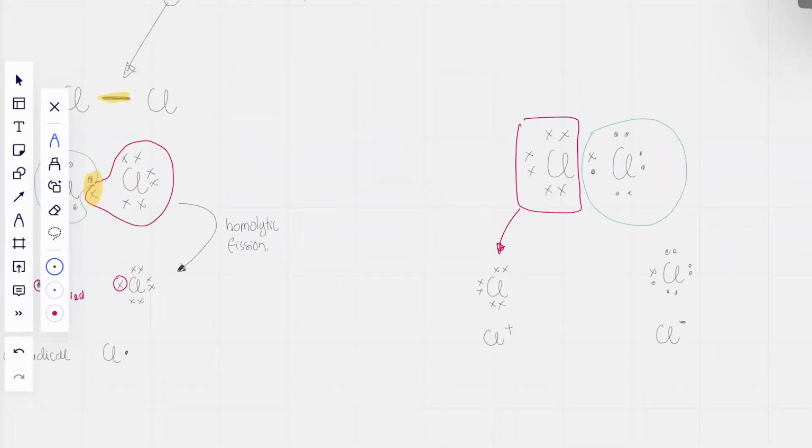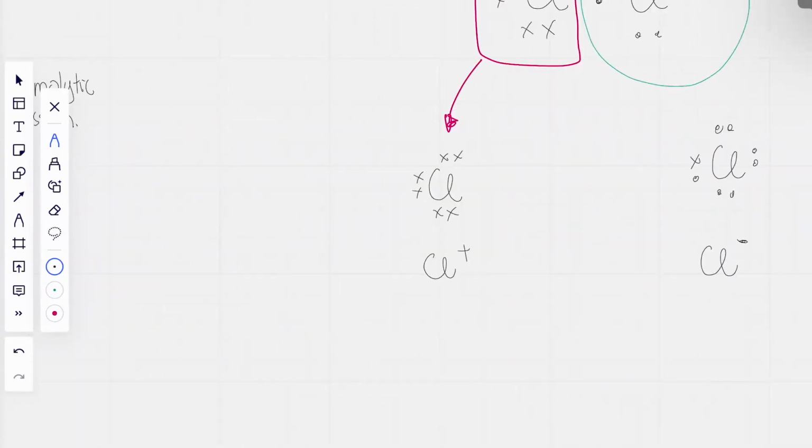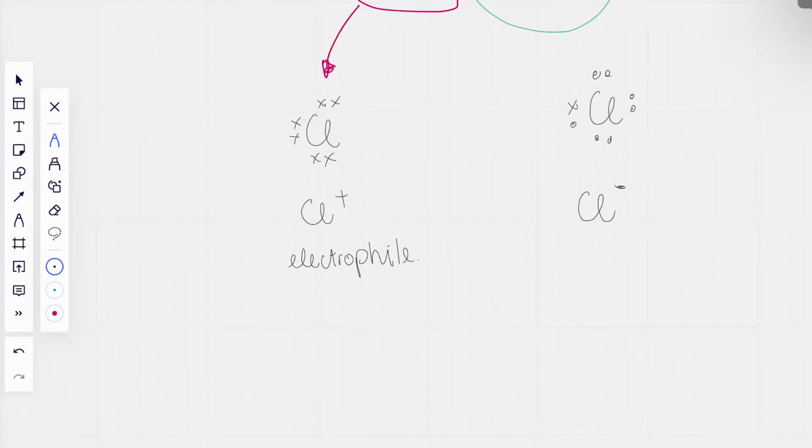Okay. This Cl plus is a nucleophile or electrophile? Nucleophile. Oh, electrophile. Oh. Why we call it electrophile? Because it's positively charged. They like something that is negative, and electrons are negative. Yeah. So electrophile will attack carbon that is electron rich. Yeah. So this Cl minus, you call it nucleophile.